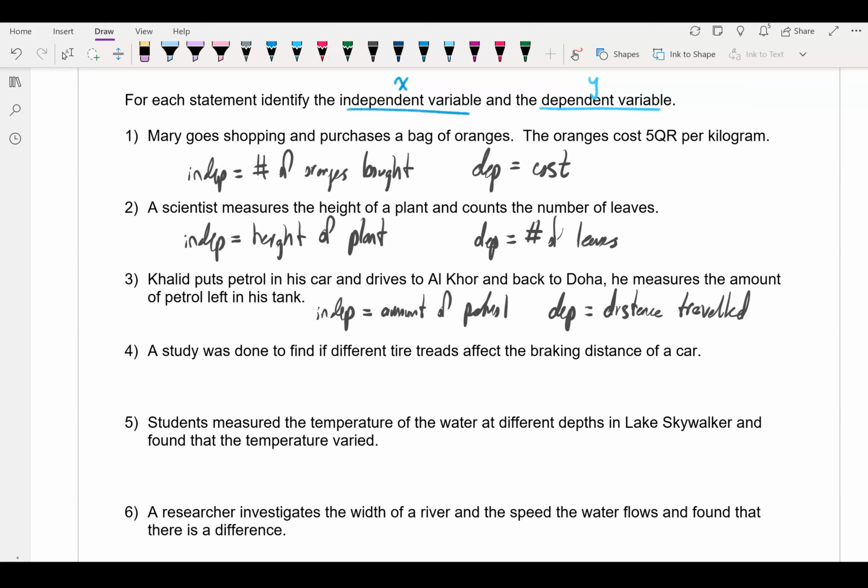I'm just trying to decide which one I want to put my foot down for. Well, if he's measuring the amount of petrol left in his tank, that would be small over time. Let's say, for the sake of argument, that the dependent is the amount of petrol left in the tank, and the independent is the distance traveled.